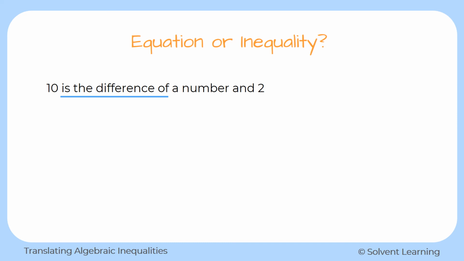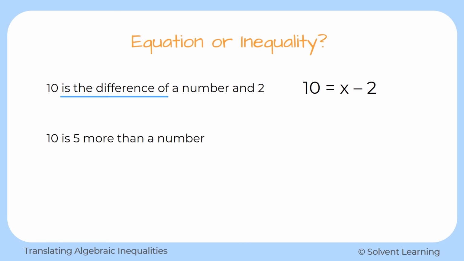Is the difference of. Now remember, difference of refers to subtraction. So we have an operation here. And when is is followed by a mathematical operation, it translates into an equal sign. So we'll have an equation here. So we have 10 equals the difference of a number, so we use a variable like x, and 2. So x minus 2.